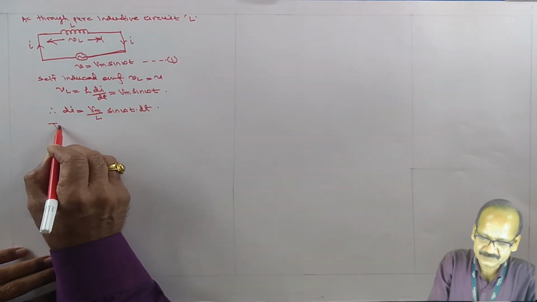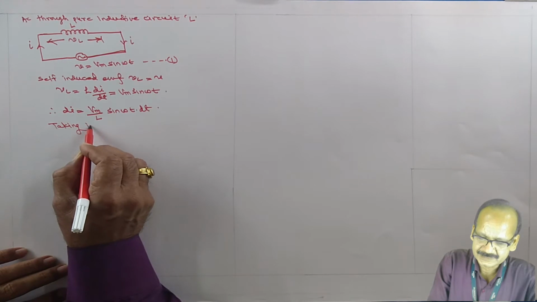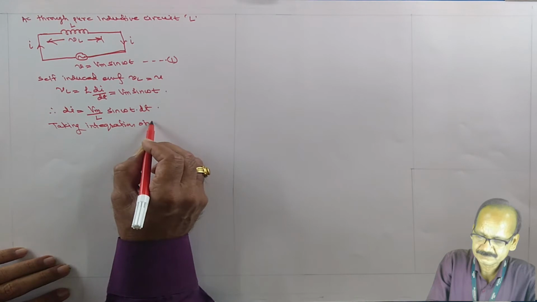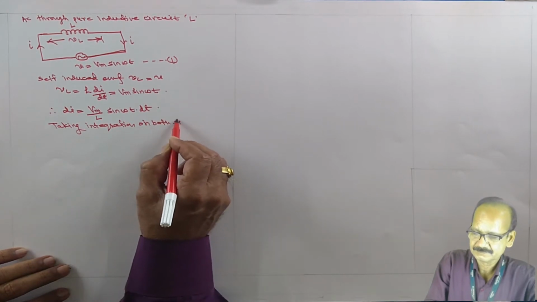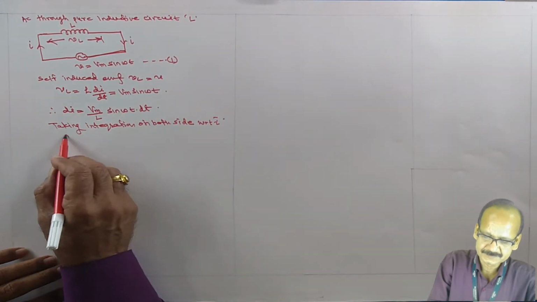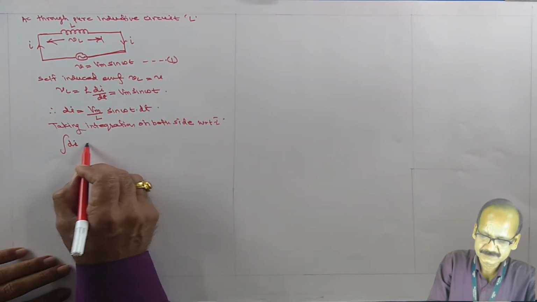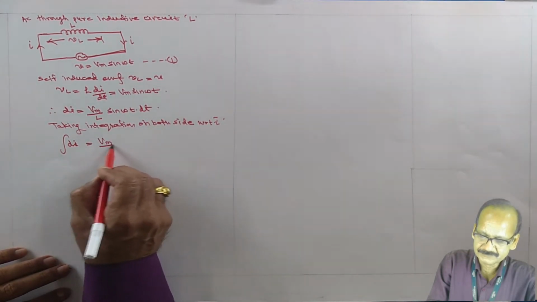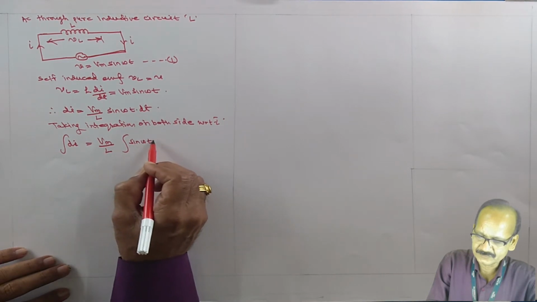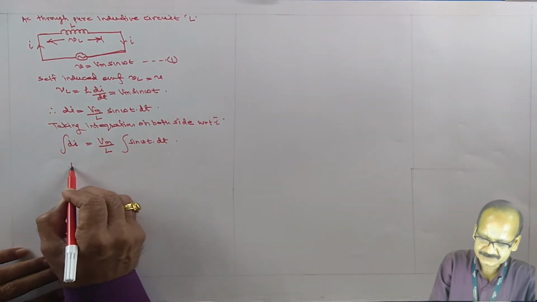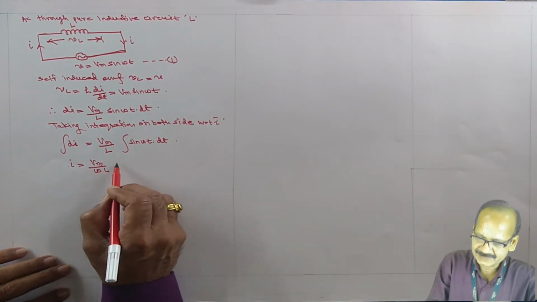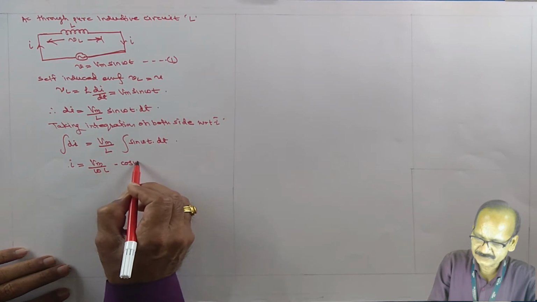Taking integration on both sides with respect to t, Vm upon L is constant, sine omega t dt. So i equal to Vm upon omega L into minus cos omega t.